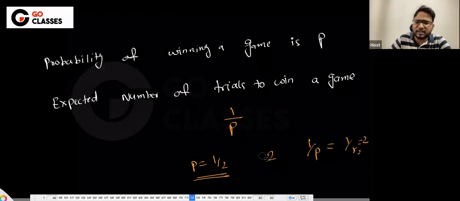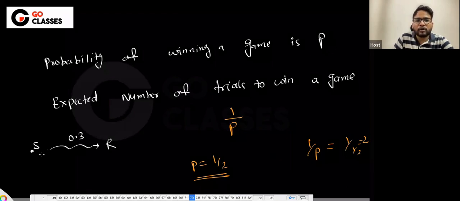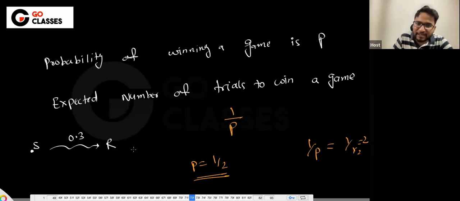They will keep on asking these kinds of questions again and again in every subject. Maybe in computer networks they will say that the probability of sending from a sender to a receiver is, let's suppose, epsilon, or maybe 0.3. The probability that a packet is successfully transmitted to the receiver is 0.3. How many packets do you need to send such that you ensure the packet is delivered?